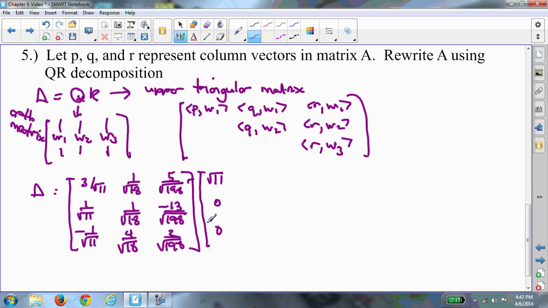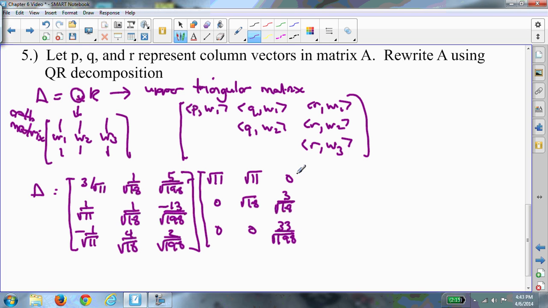So kind of a double check there. Now we just want to do Q inner product W1, which comes out to be square root of 11. Q inner product W2 is root 18. If you try to do Q inner product W3, you get 0. And then R inner product W1 is 0, R inner product W2 is 3 over square root of 18, and R inner product W3, I believe, is 33 over square root of 198.